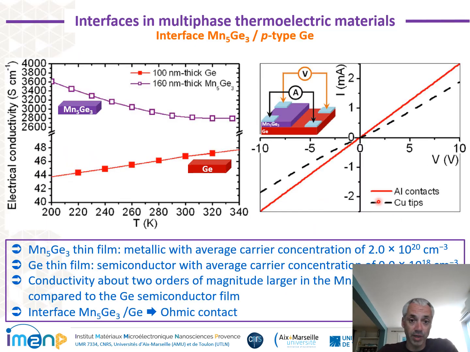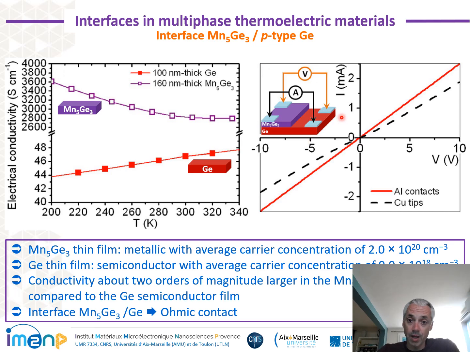So let's consider our case, the interface between Mn5Ge3 and germanium. On this graphic, I present the variation of the electrical conductivity for a single film of Mn5Ge3 and a single film of germanium. We see that for Mn5Ge3, the electrical conductivity decreases when the temperature increases, which is the behavior of a metal, while for the germanium film, the electrical conductivity increases with the temperature, which corresponds to the behavior of a semiconductor.